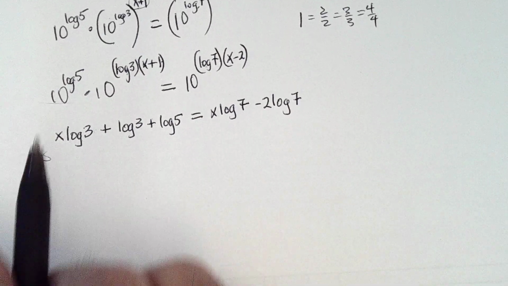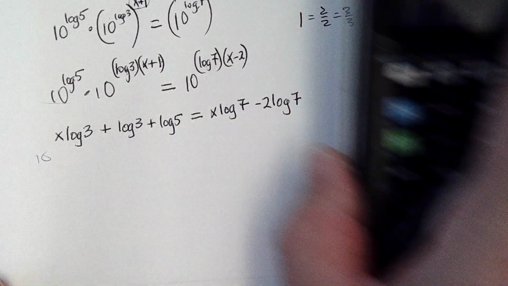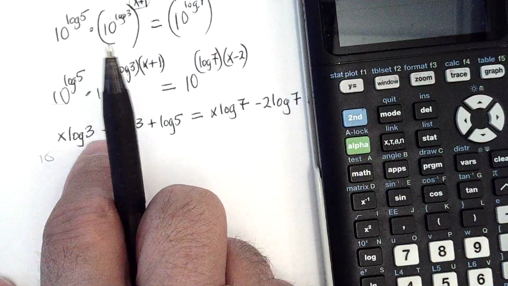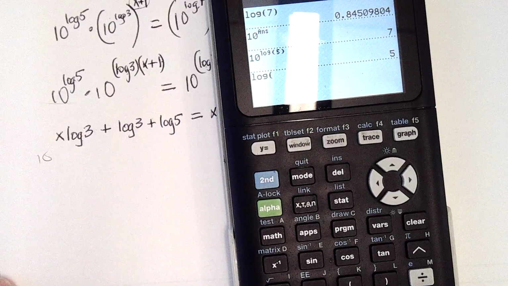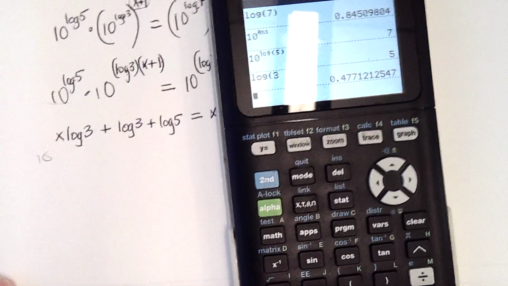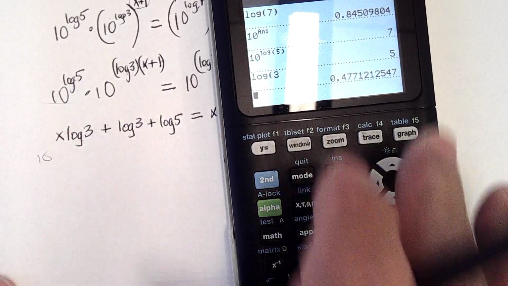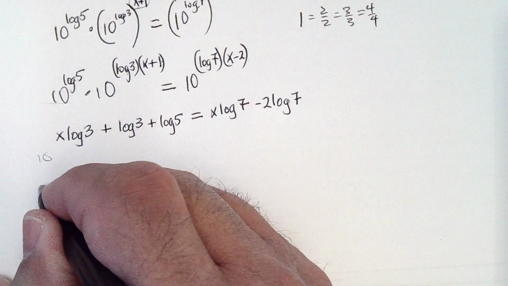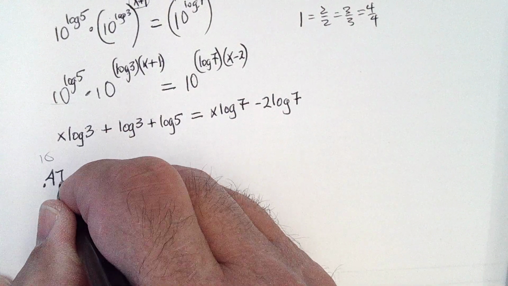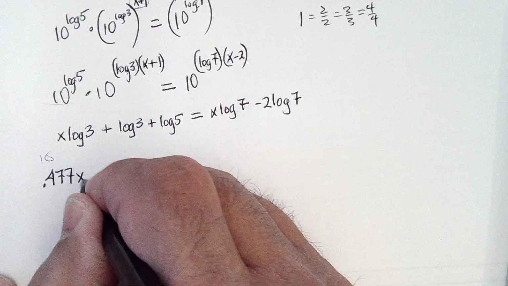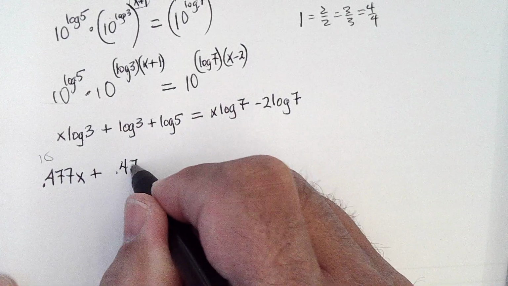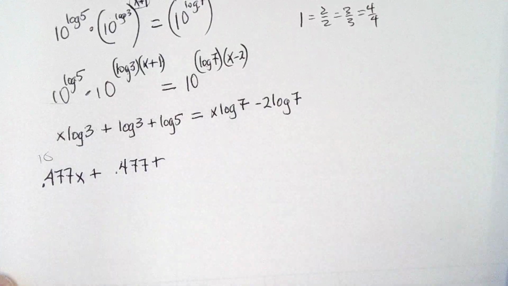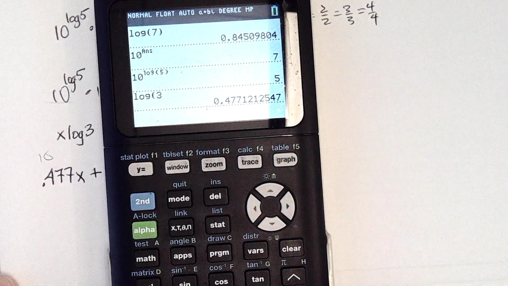Now, this looks ugly, but just remember, the log of 3 is just a number. Let's find out what it is. Log of 3 is 0.477. So we have 0.477x plus 0.477 plus, let's see, what was the log of 5?